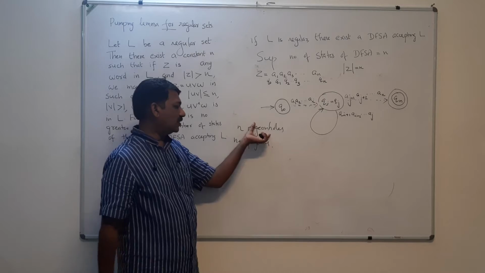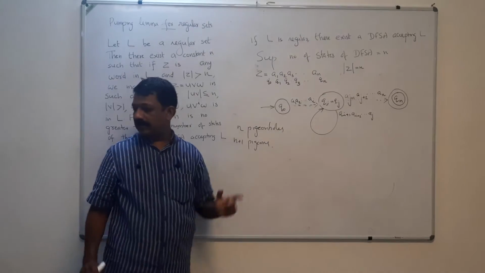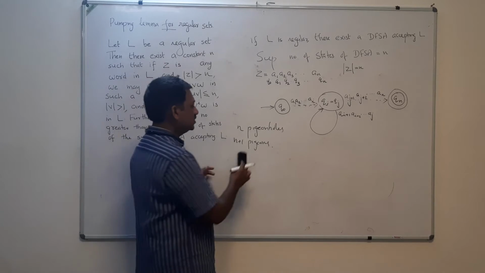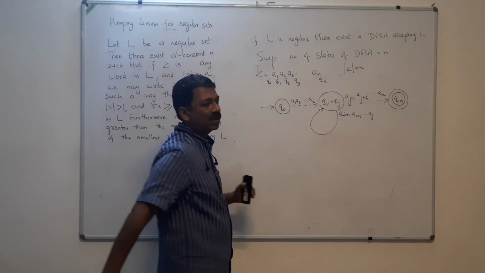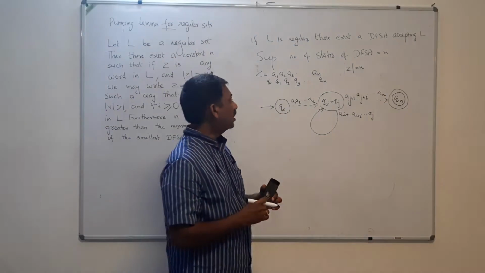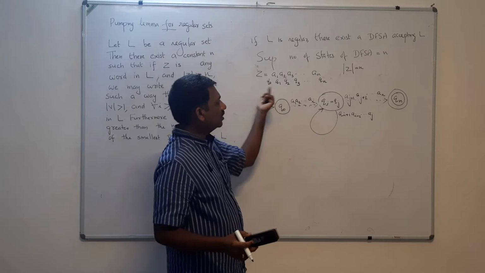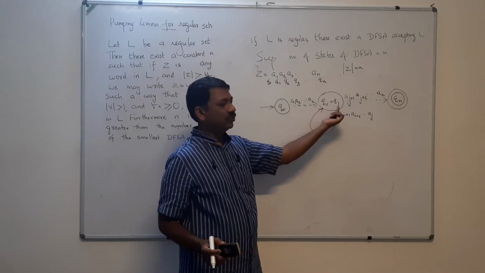Some hole has to occupy more than one pigeon. And that principle here we are going to apply. That means all these q0, q1, q2, q3 are not distinct. That means there is some q_i where q_i is equal to q_j.